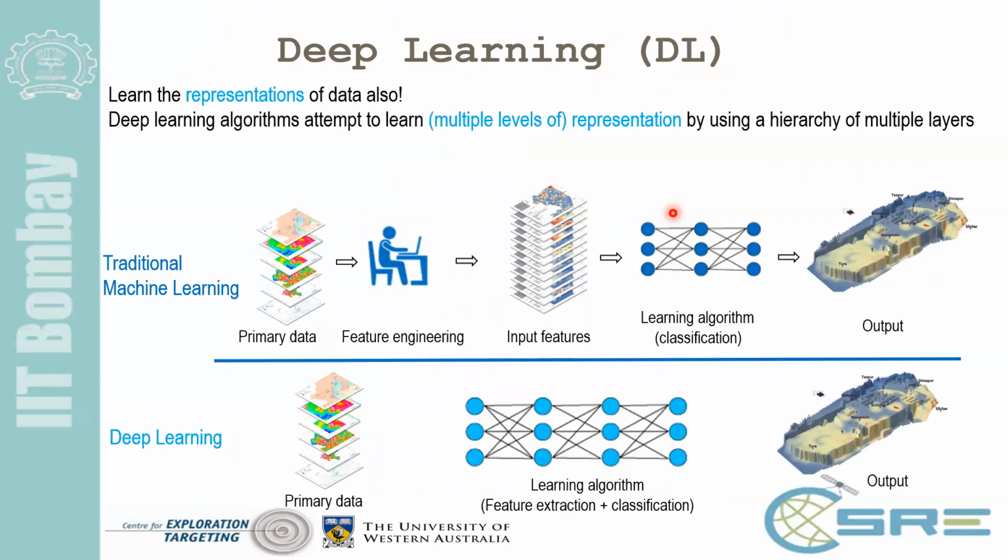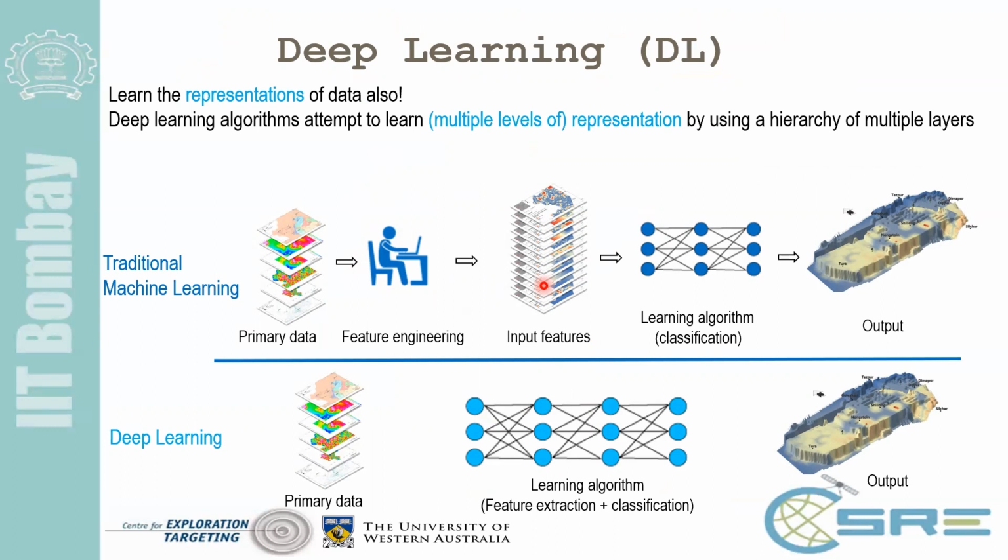So that's where we move into deep learning, which is now becoming more and more popular. So the difference between machine learning, or what we call shallow learning, versus deep learning is simple. In deep learning, we are actually doing away with this step of feature engineering. So we are not letting a geologist and GIS expert sit down and create GIS layers and features for us.